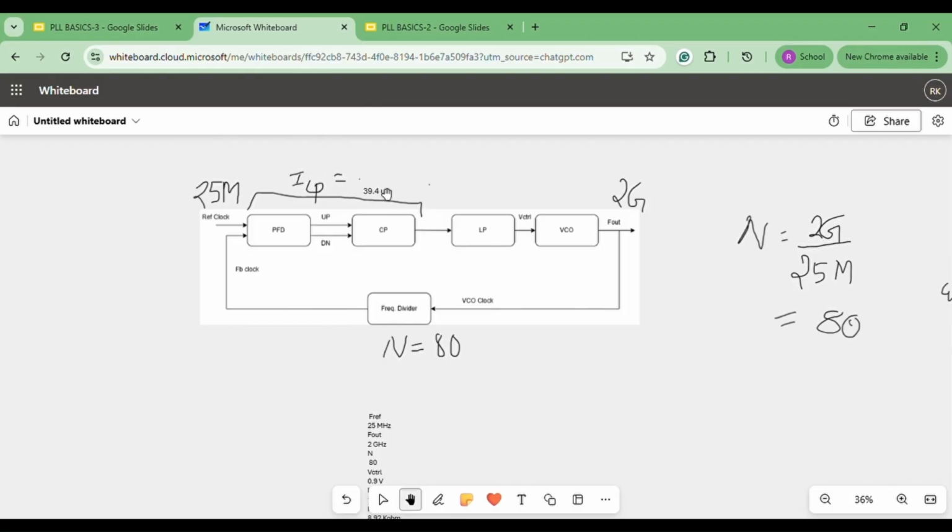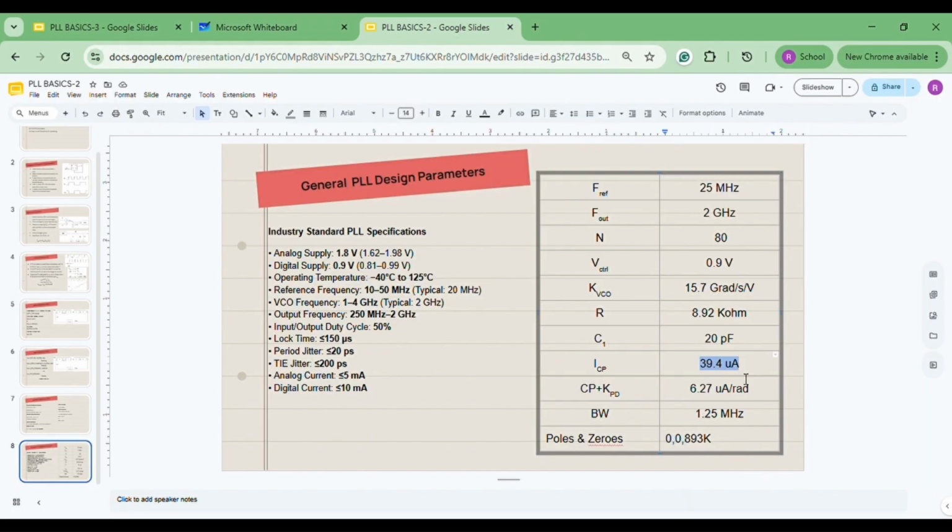So ICP we have modeled for 39.4 microamps. Then we have also decided the resistance and capacitance of this loop filter, which was 8.92 kilo ohms and 20 picofarads.